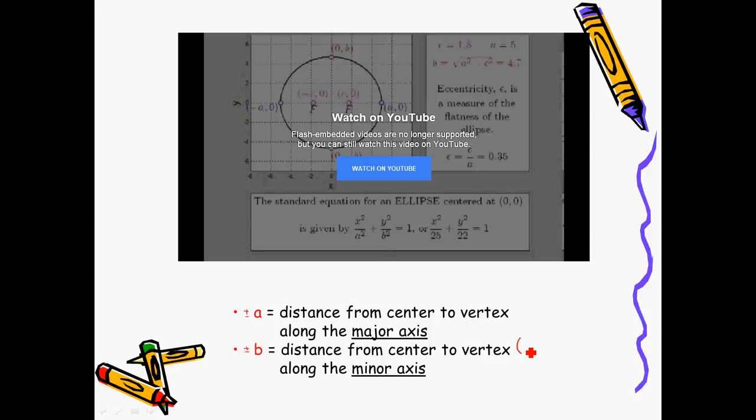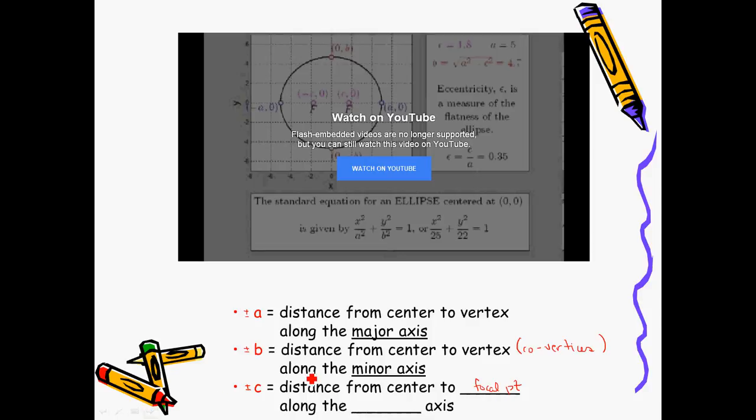And remember, we really call these co-vertices. C then, which really is plus or minus again, C is the distance from the center to what? A focal point. It is also always along which axis? Always along the major axis.